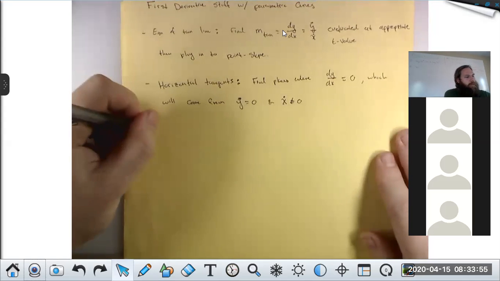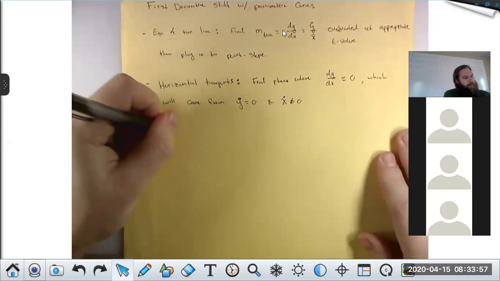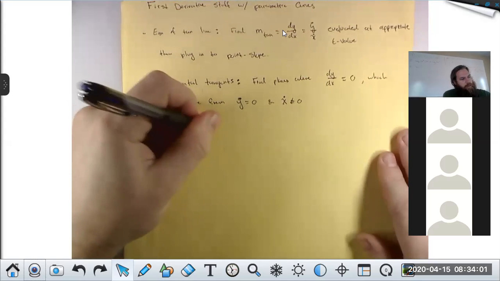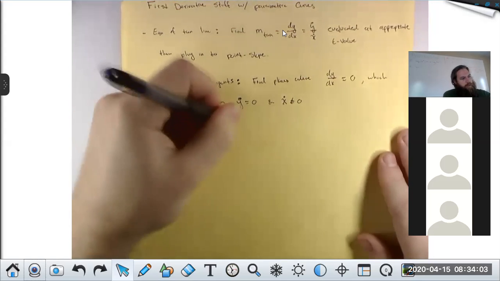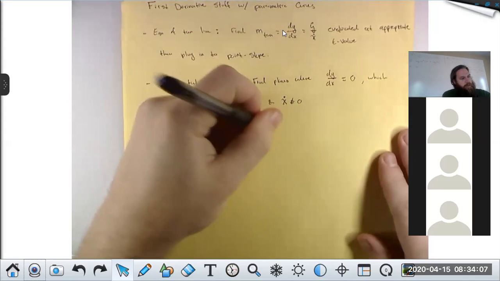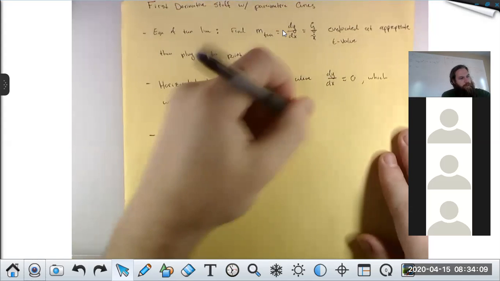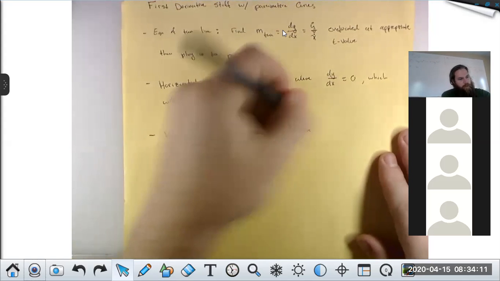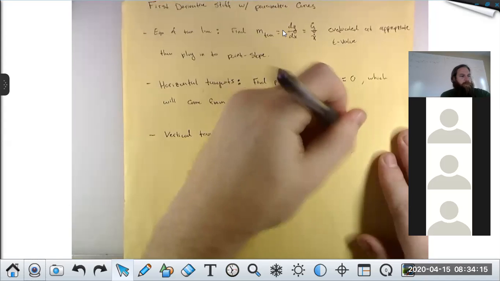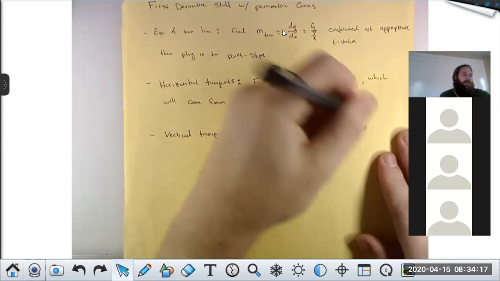And then vertical tangents, we want to find places where dy/dx blows up to plus or minus infinity. Right?